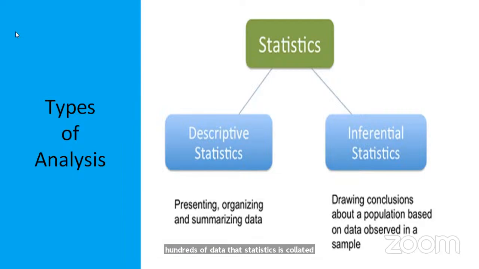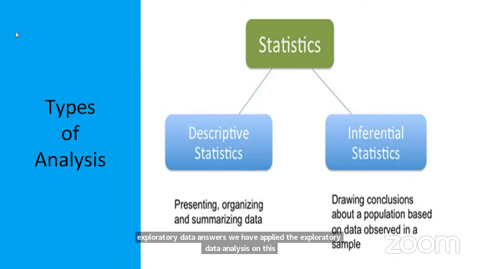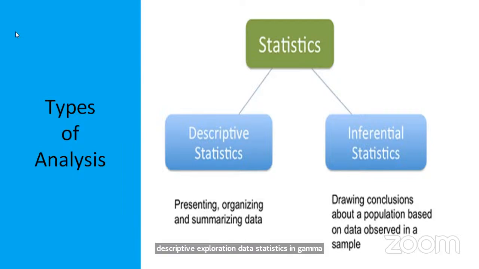Presenting, organizing, and summarizing the entire data is descriptive statistics, which we applied as exploratory data analysis in JAMOVI, calculating the mean, median, and mode of the entire data set.